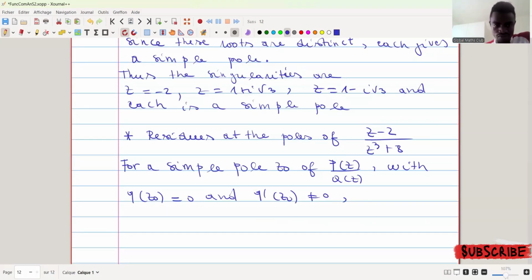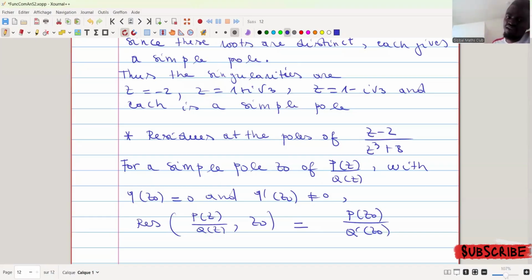This is the residue. The residue is P of Z naught divided by Q prime of Z naught. That is what we are going to apply here, for the three different poles: z equal to -2, z equal to 1 plus i square root of 3, and z equal to 1 minus i square root of 3.